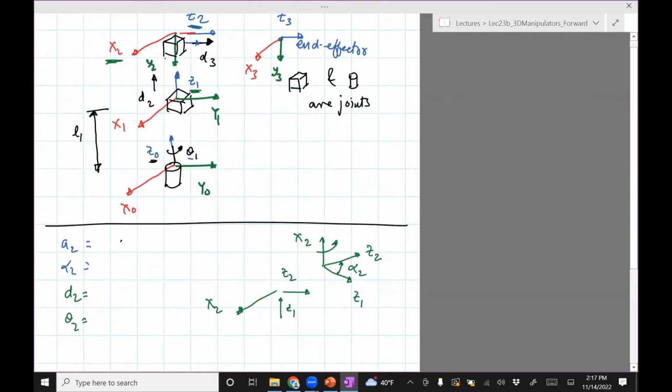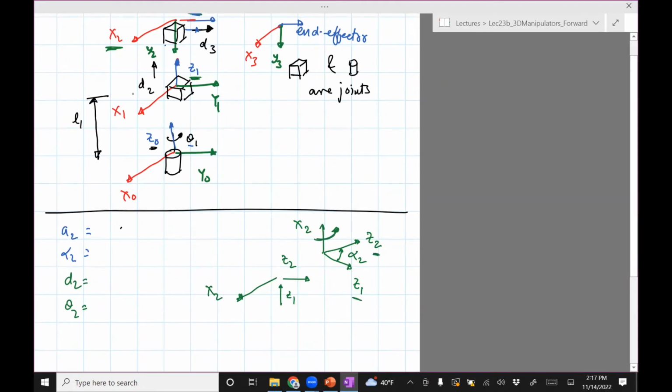Let's figure out what alpha 2 is. It's the angle between Z1 and Z2 about X2.